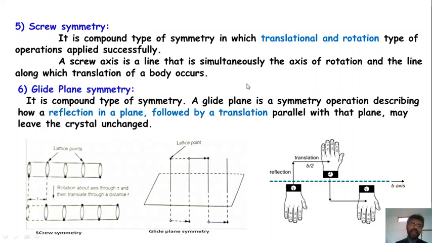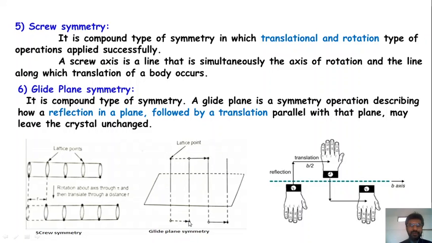One is the reflection and the second one is the translation. So now in this figure we can see that this is the glide plane. Suppose this is one of the lattice points. Now it gets reflected. Here is the reflection. The second operation is that it gets translated.